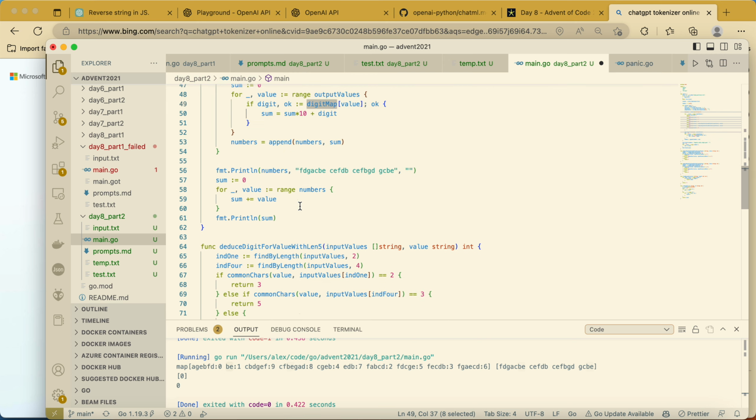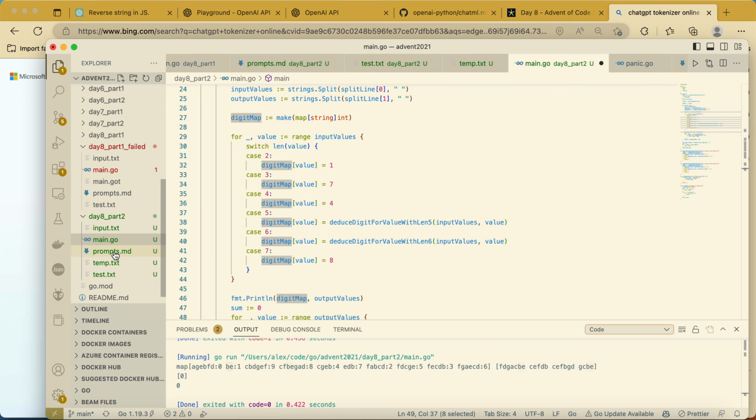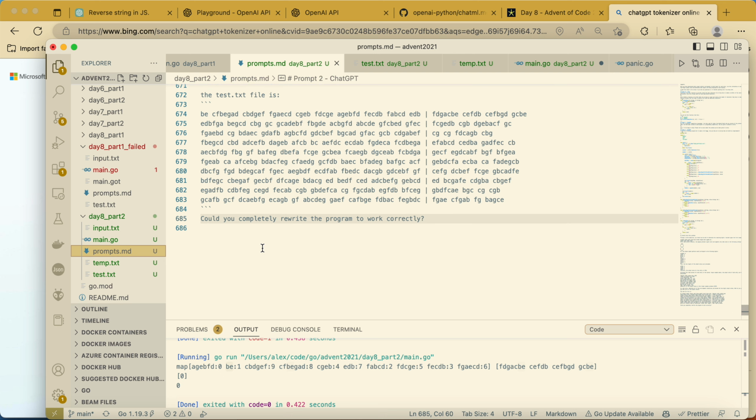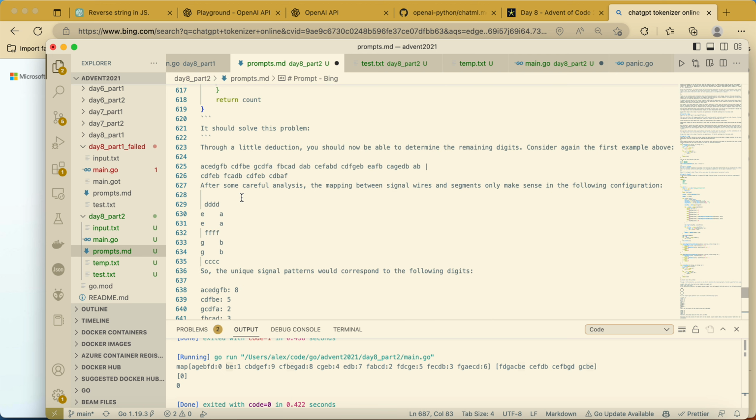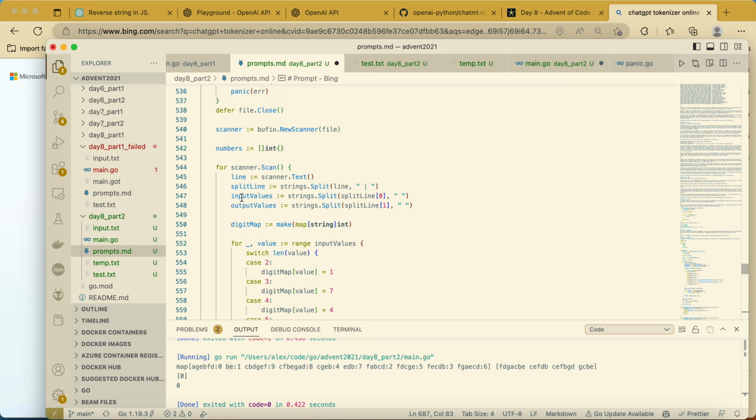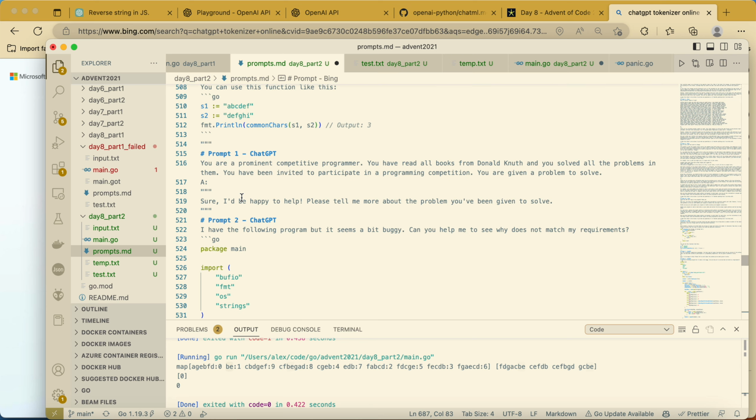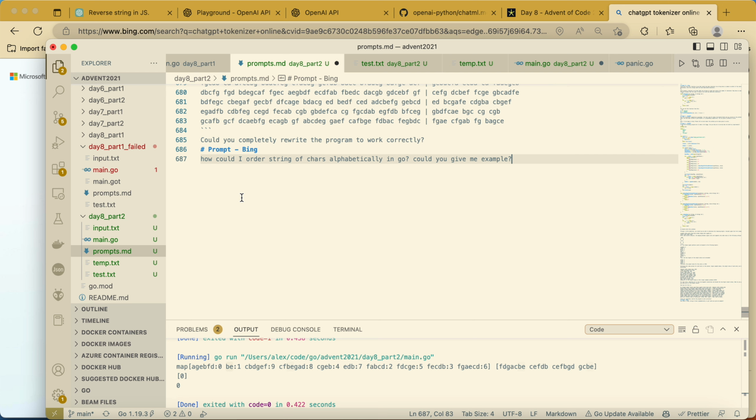Let's not debug that, having our prompt. What was my last prompt? Oh, that's ginormous. Prompt to Bing, and the answer from Bing.